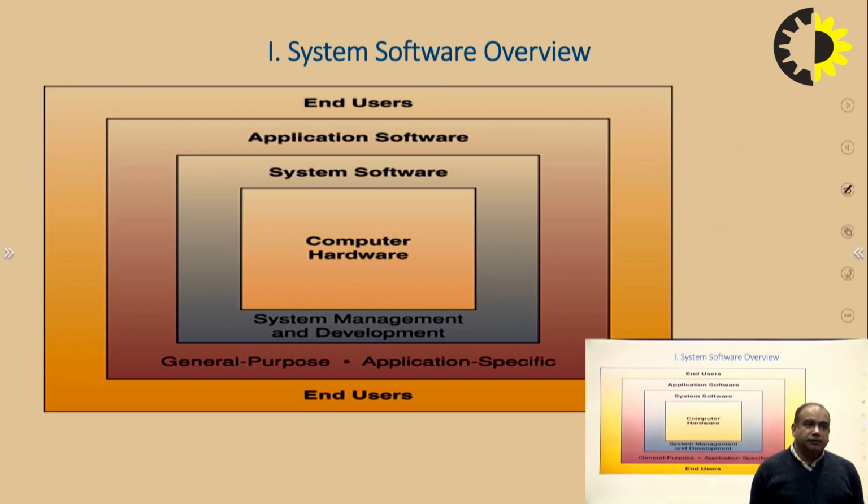So basically it is a layer between computer hardware and application programs. So, we talk about it as system software or system management and development. That can be general purpose, application specific, or application software. End users are connected to the computer hardware by using these applications or directly to the system.